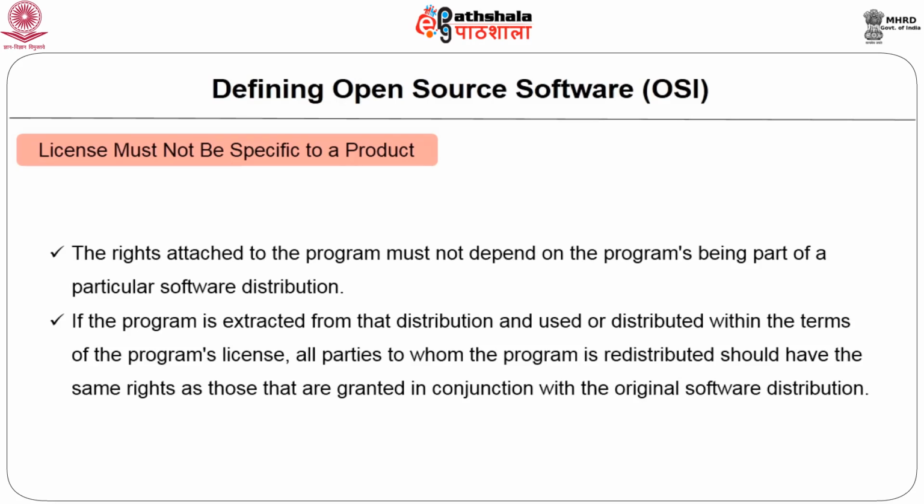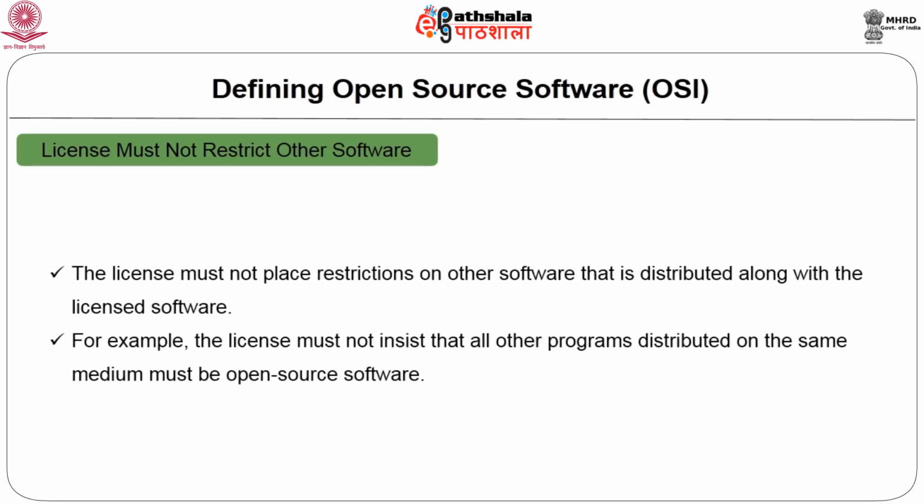The next point says license must not restrict other software. So, the license must not place restrictions on other software that is distributed along with the licensed software. For example, the license must not insist that all other programs distributed on the same medium must be open source software.